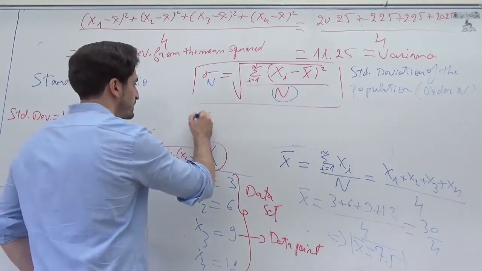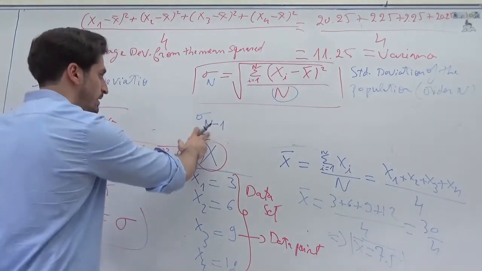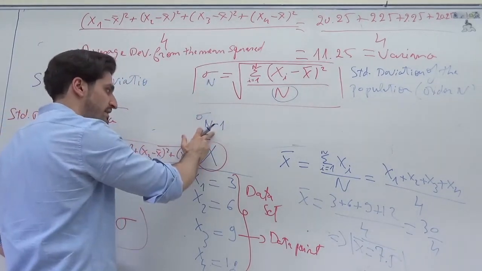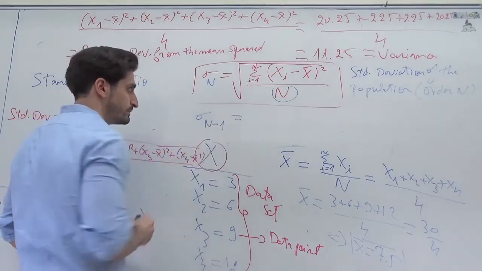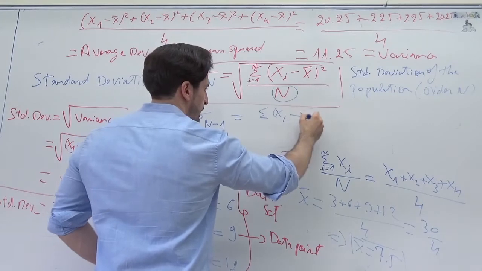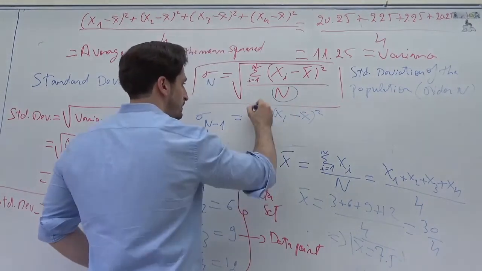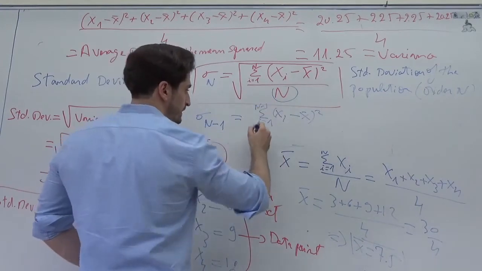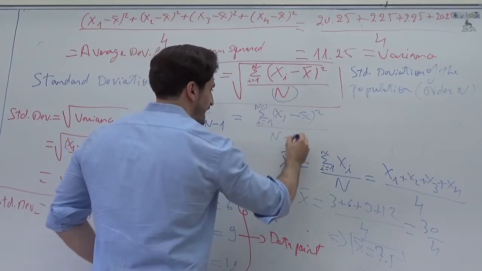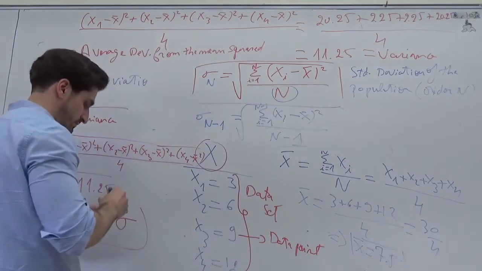So in that case, the equation becomes sigma of order n minus 1. So we are no longer at order n, but rather at order n minus 1, equal to summation of (xi minus x bar) squared, where i goes from 1 until n minus 1, divided by n minus 1 trial, and square root for that entire equation.